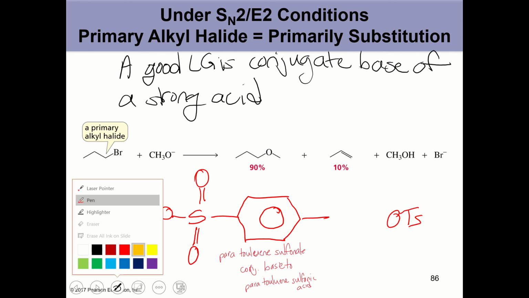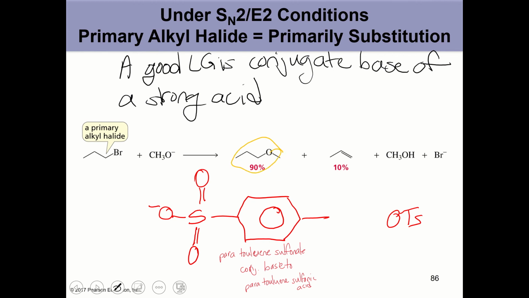Methoxide ion is favoring substitution at 90% and a small amount of elimination at 10%. So substitution is favored, but the elimination product is still there. So we have a regioselective reaction where the major product is formed through substitution, but we do get a minor product in elimination.